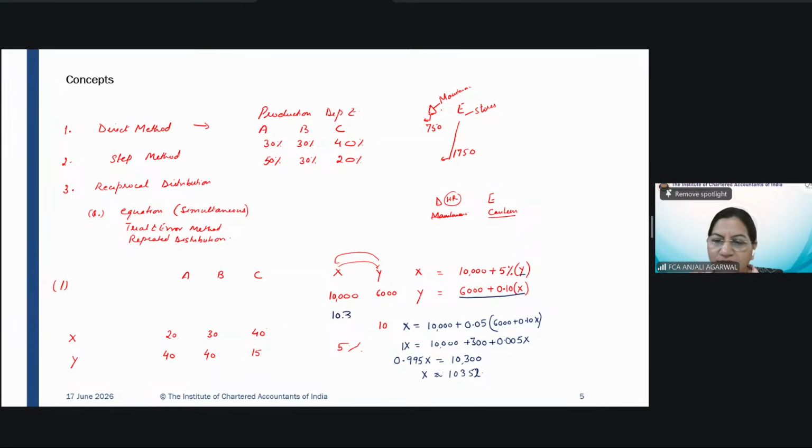So 10,352 is X. And now you can put this value of X here. 10% of 10,352 will become 1,035. So Y becomes 7,035.